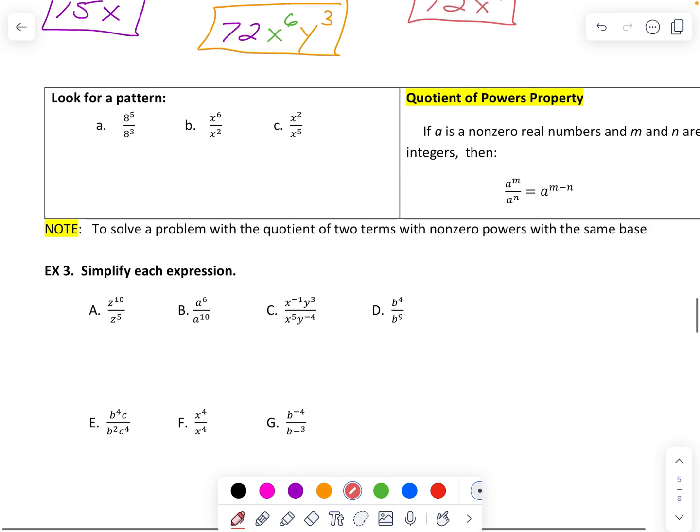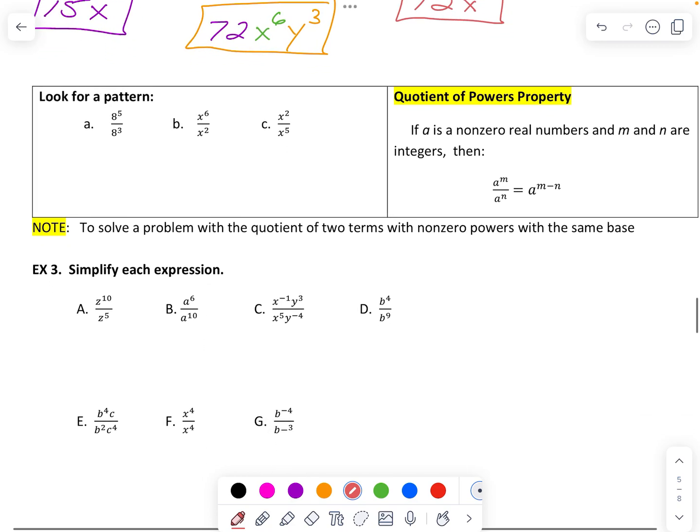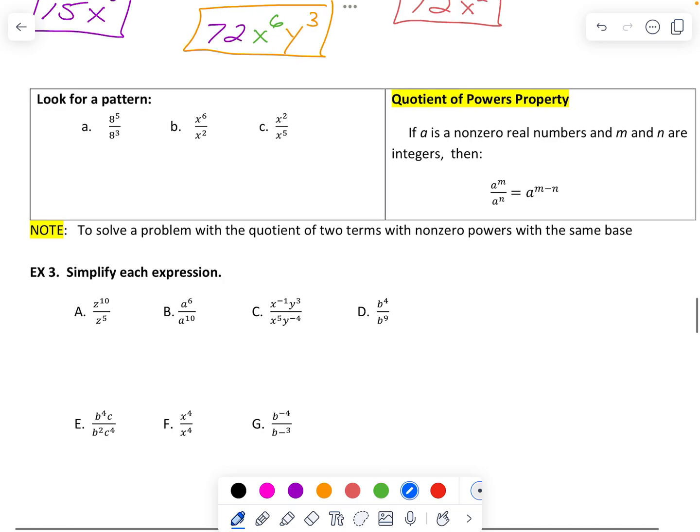When it comes to quotients, well, let's take a look and look for a pattern. Remember, 8 to the 5th means 8 times 8 times 8 times 8 times 8, divided by 8 to the 3rd, which is 8 times 8 times 8. And so when we divide, remember you can cross out like 8 divided by 8 is 1.